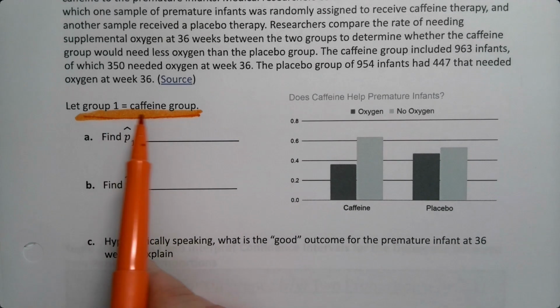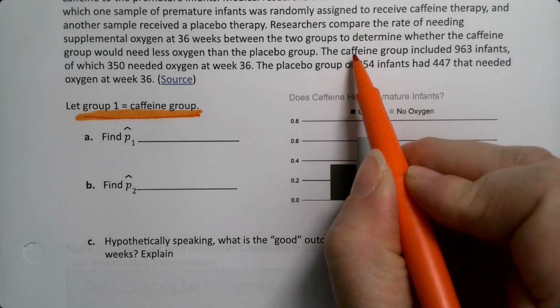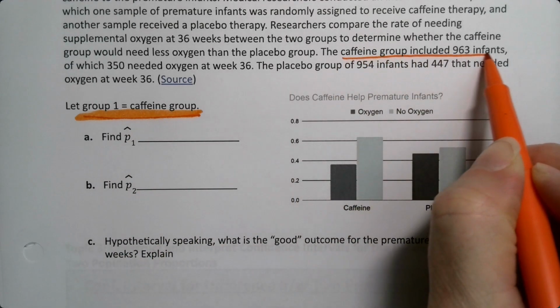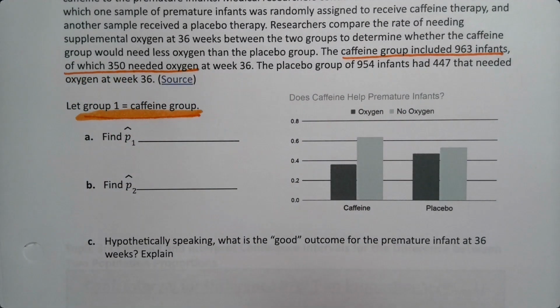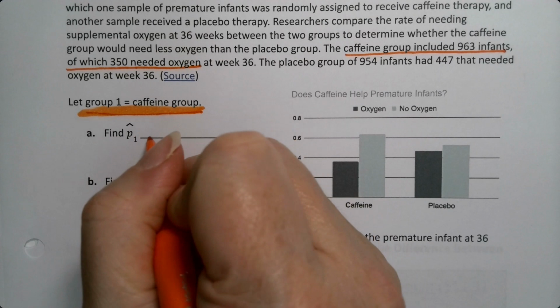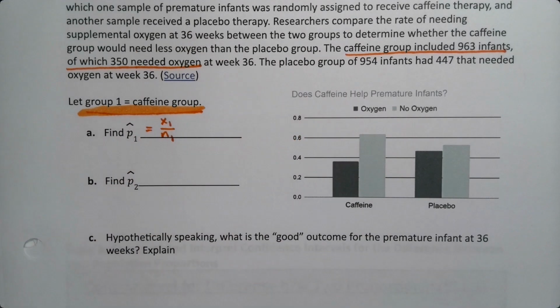But I just picked group 1 to be the caffeine group. So if we go in here, we can see the caffeine group had 963 infants, of which 350 needed oxygen. Okay, so remember that p hat is x divided by n. And in this case, they just have a little number 1 after them to indicate they're from group 1.